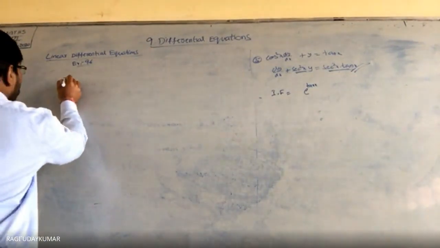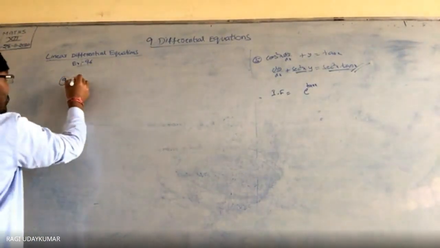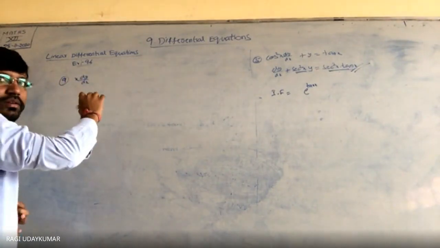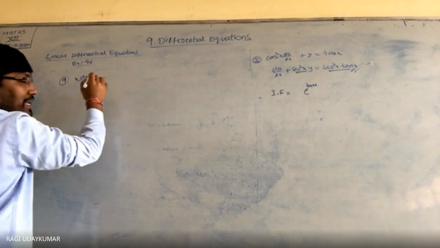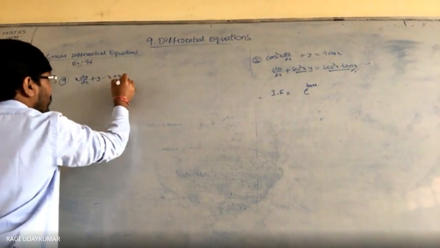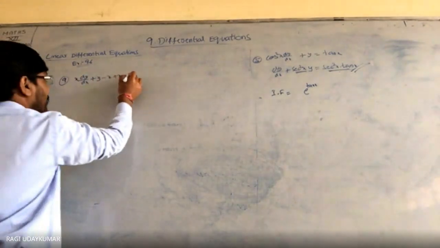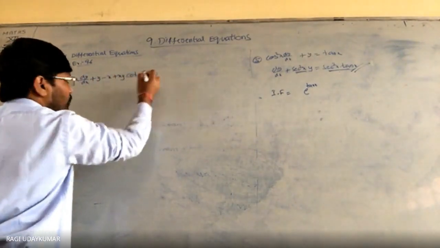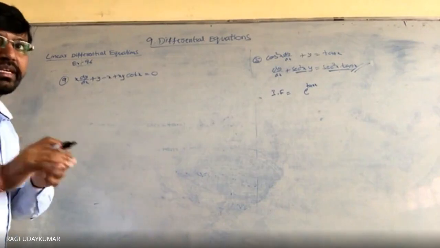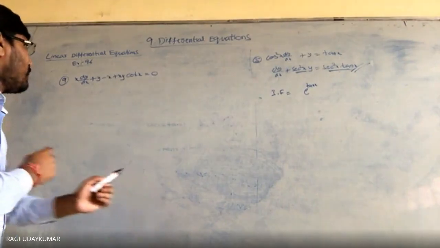So 9th problem, if you are taking into consideration, the question given to you is x dy by dx plus y minus x plus xy cot x is equals to 0. We have to write this as dy by dx plus p of x into y is equals to q of x.